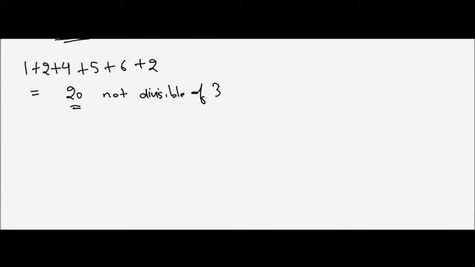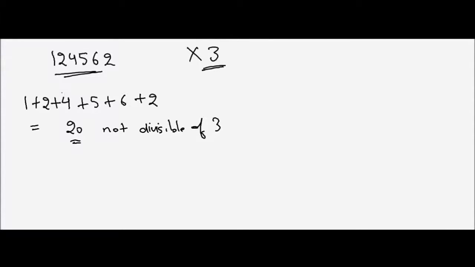So what should the number be if it has to be divisible by 3? Instead of 2, if you make it 3, so 124563, then the sum will become 21, so that number should be divisible by 3.